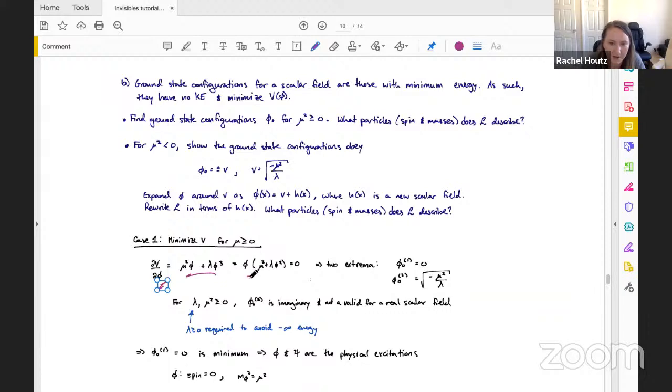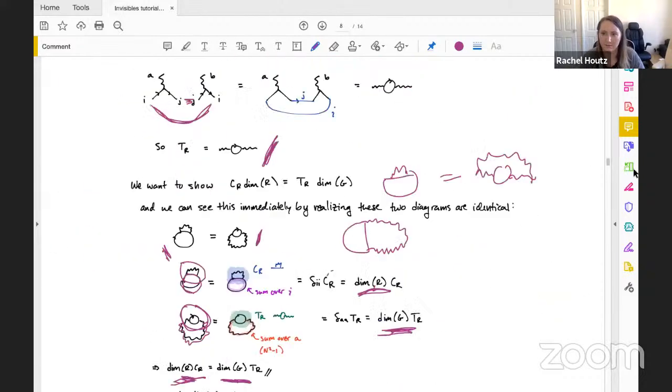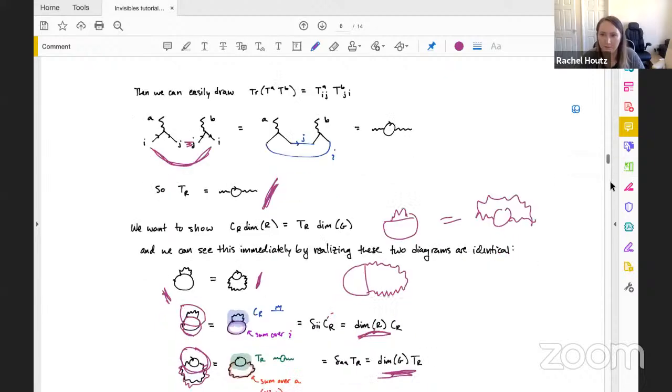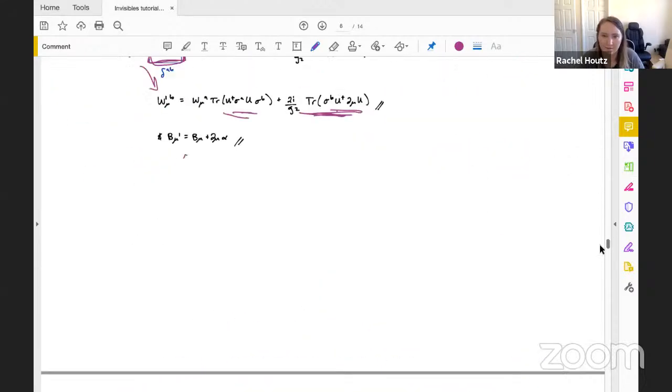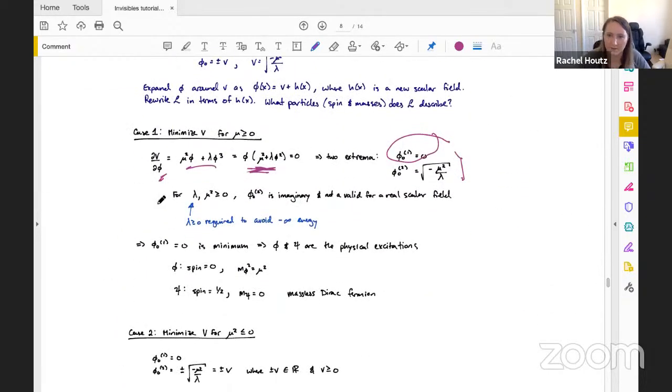You can factor out the phi, and you find that there are two values of the field that can give you this extremum. One is that phi naught is equal to 0, and the other is that phi naught is the square root of negative mu squared over lambda.